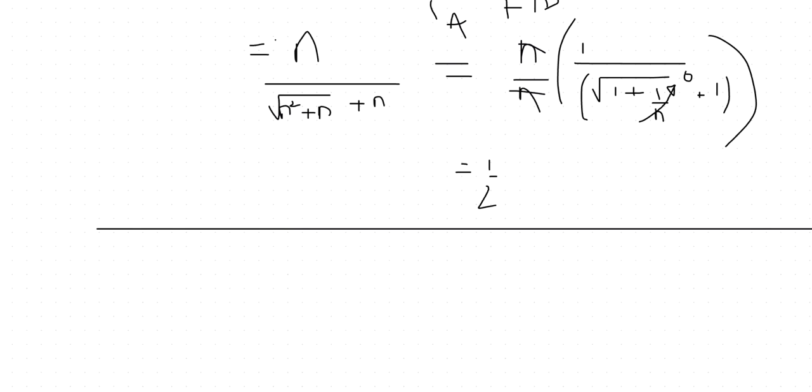So if it is true for Sn, it also has to be true for Sn plus 1 by induction. So we can write that since Sn is less than 2, Sn plus 1 is also less than 2.